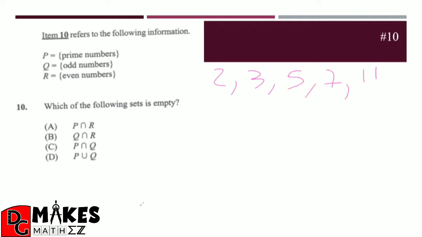Odd numbers are those numbers that are not exactly divisible by 2. All right, and we know odd and even numbers are the opposite of each other.